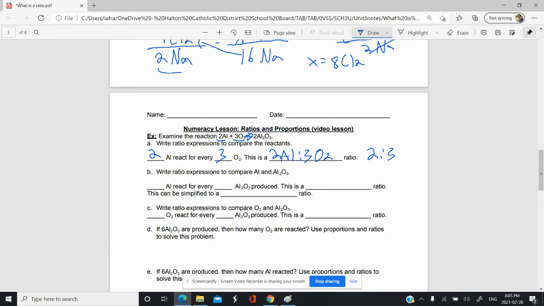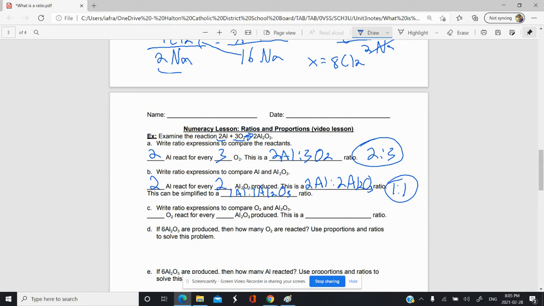So when we have two aluminums reacting, we have two aluminum oxides produced. And this is therefore a 2 aluminum to 2 aluminum oxide ratio. But we can simplify this to a 1-to-1 ratio, 1 aluminum to 1 aluminum oxide. So it's simply a 1-to-1 ratio.